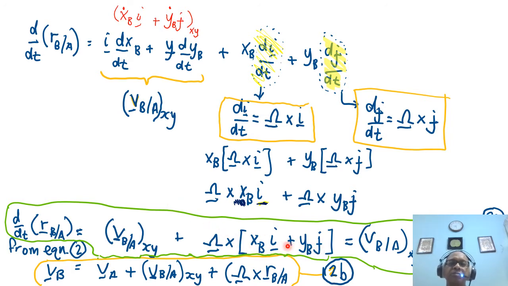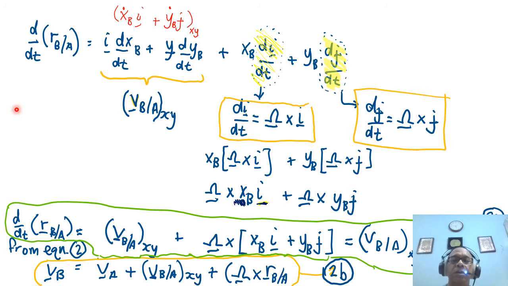And we know that xb i plus yb j is the position vector b relative to a. Yeah, we've done this before. So this is equal to vb relative to a measured from the xy axis plus omega cross b relative to a. Actually, everything is measured relative to the rotating axis.